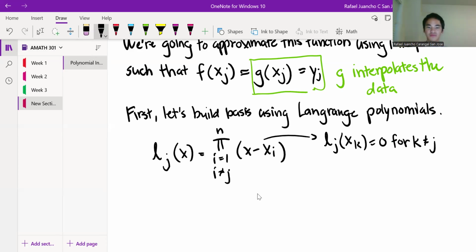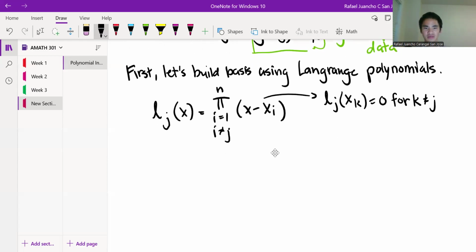Why should it not be equal to j? Well, if we know xj, that's already a known value. But here we're trying to estimate unknown values based on known values. So that's why we don't make it a j.